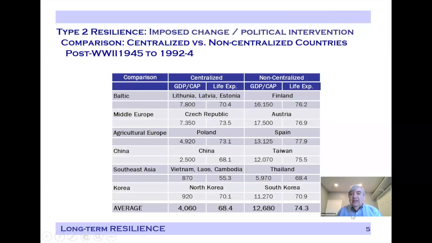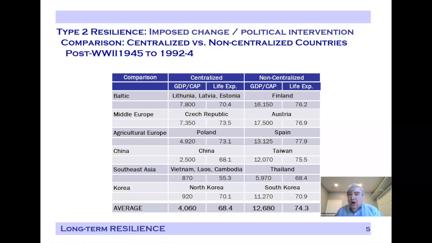Okay, this is, I think, the measure of what these long-term problems can do. What I'm looking at is, I hope, fairly honestly paired economies. In the right-hand column, there are economies that undertook a centralized planned experience. On the left-hand side are similar economies that didn't.